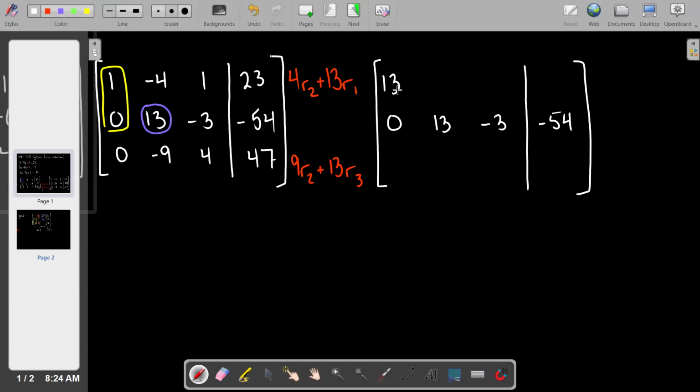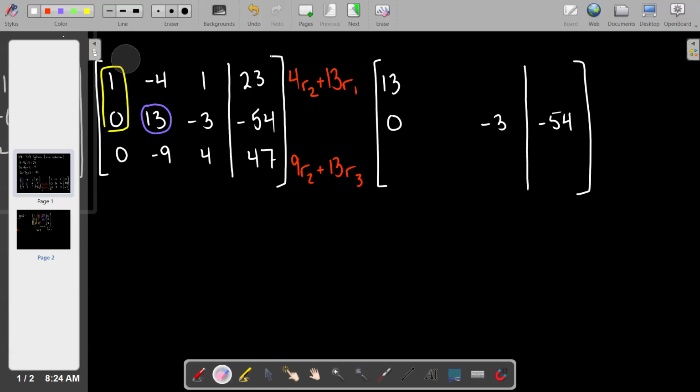When I was a younger teacher, I'm just going to show you this real quick. I would require my students to turn this 13 into a 1, the one where I'm moving my pen right here. Do you see it? That would mean that we would have to divide this whole row by 13. Teachers, we get better as we get older and we hang out and we do this a lot. And when I was younger, I was kind of stupid. So I told my students, let's make a 1.